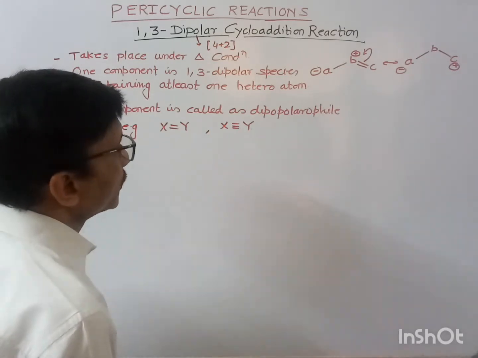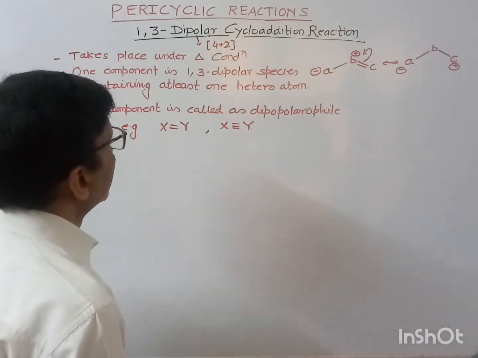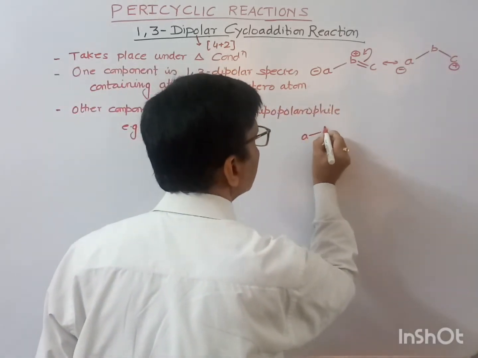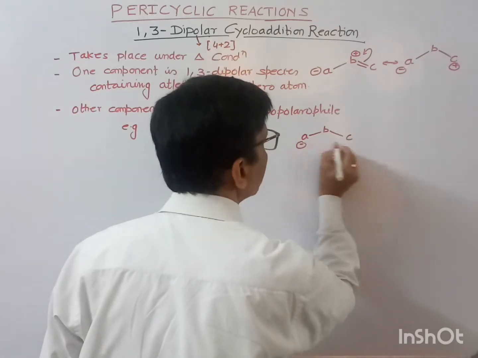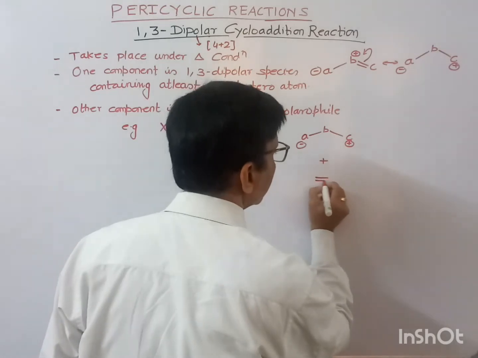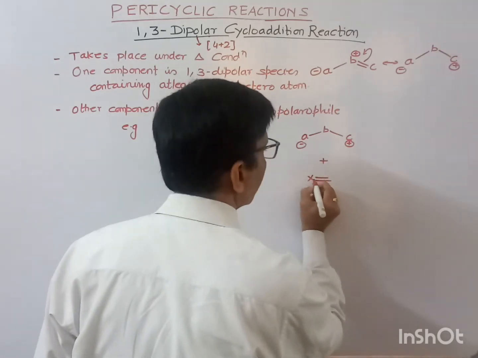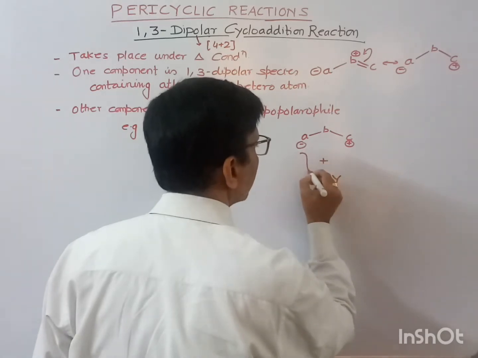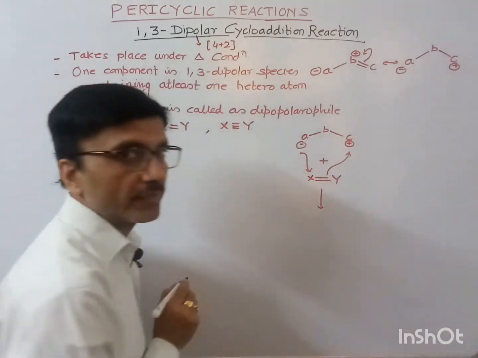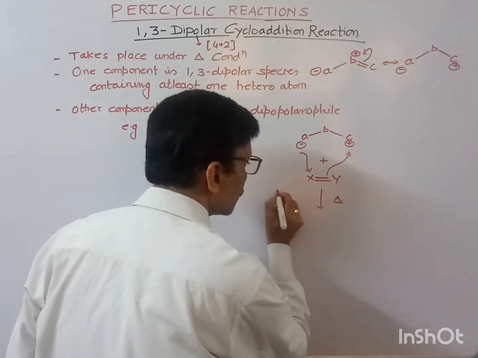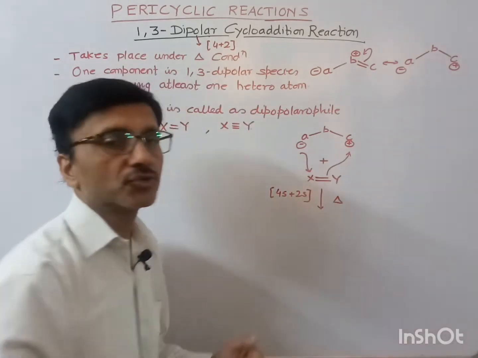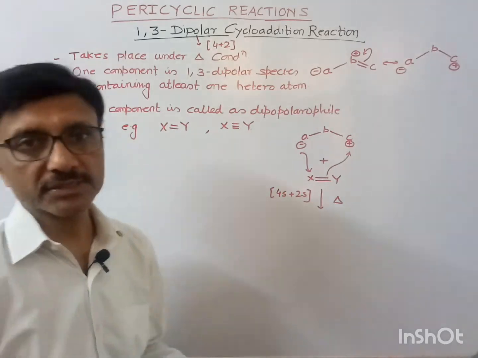Now suppose we have this 1,3-dipole, then it can interact with a dipolarophile. Under thermal conditions, a 4s plus 2s interaction, that is a suprafacial interaction, takes place as per the selection rule.